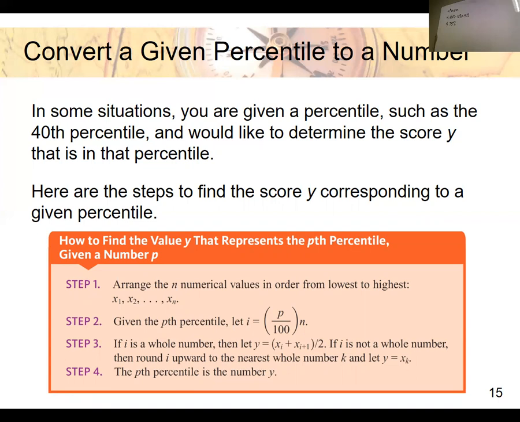Then find the position that data value is in, and that will be the data value that represents that particular percentile.